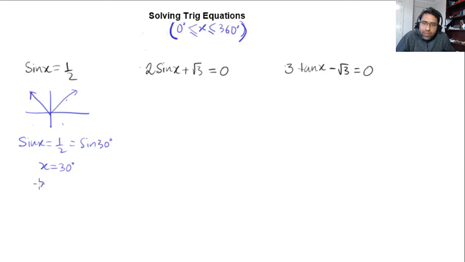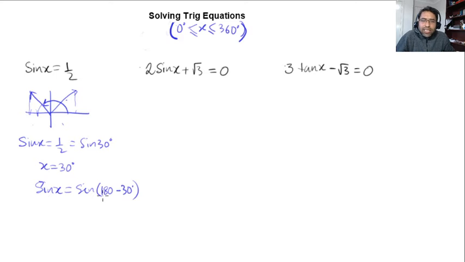I can write sine x equal to sine of, instead of 30, we can go up to 180 and then minus 30. So 180 minus 30 gives the second quadrant angle. If you see my previous video on how to get the congruent triangles, you will see why.